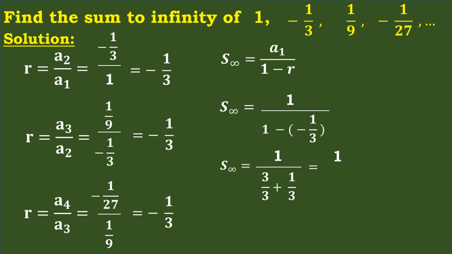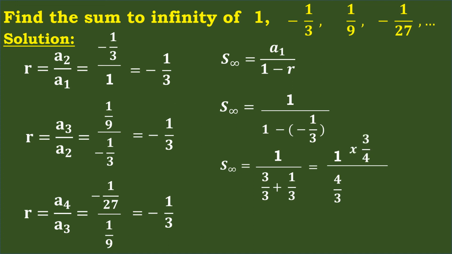Okay, simplify. So, we have 1 over 3 over 3 plus 1 over 3 is 4 over 3. Now, para masimplify natin siya, we will multiply both the numerator and the denominator by the reciprocal of the denominator. Ano ba reciprocal ng denominator? 3/4.